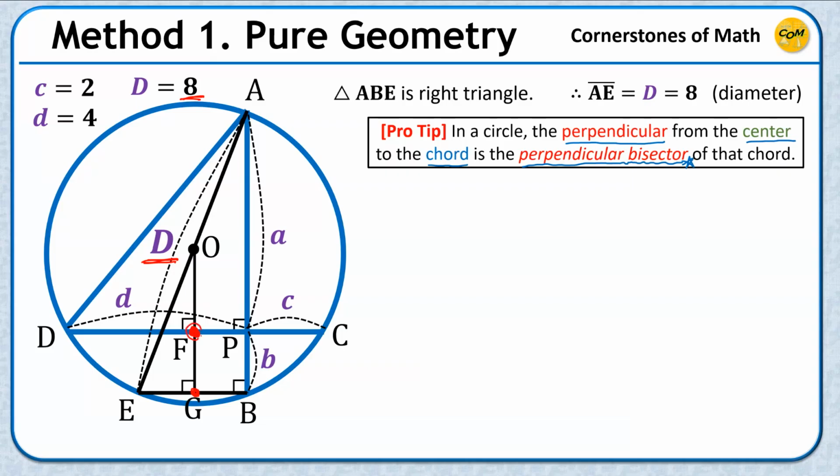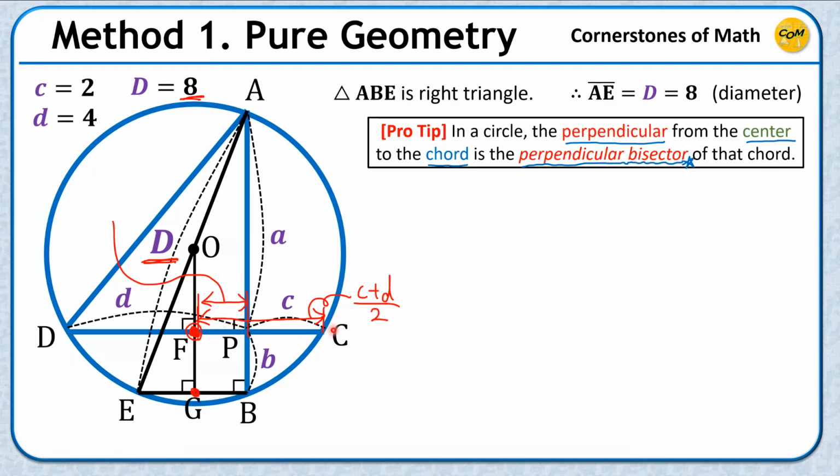That is, since point F is the midpoint of chord CD, length CF is equal to half the length of chord CD, hence (c plus d) over 2. Then what would be the length of PF?